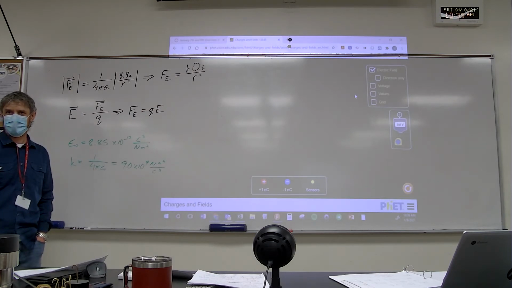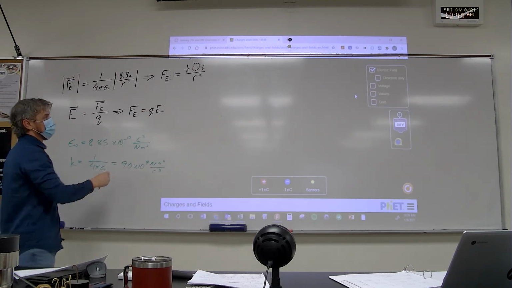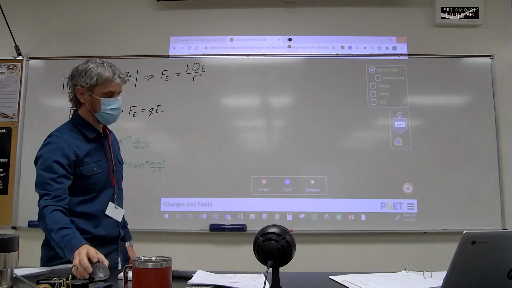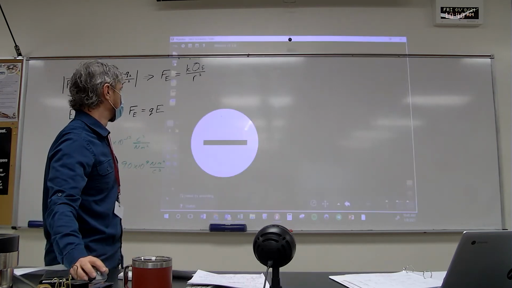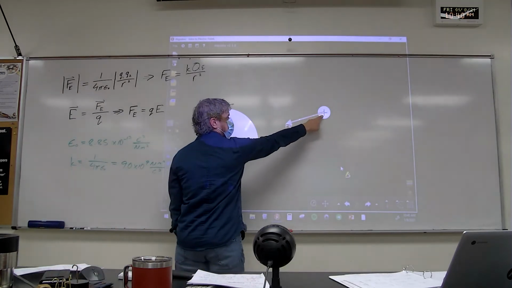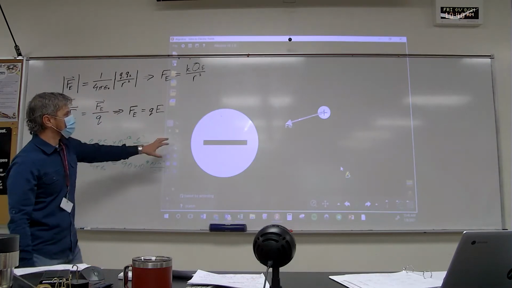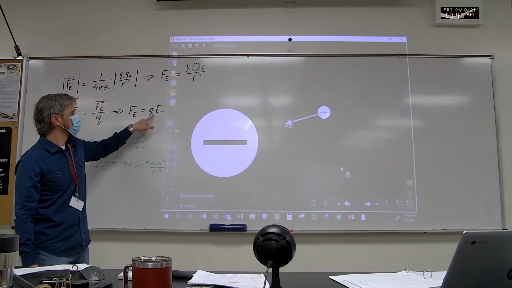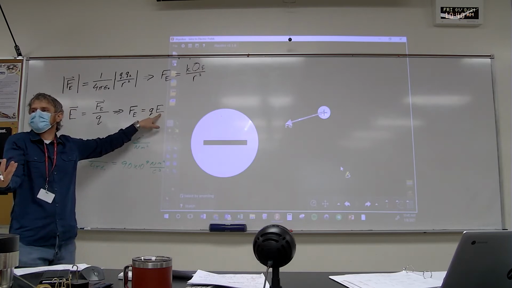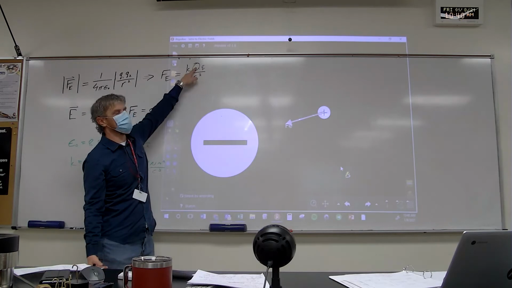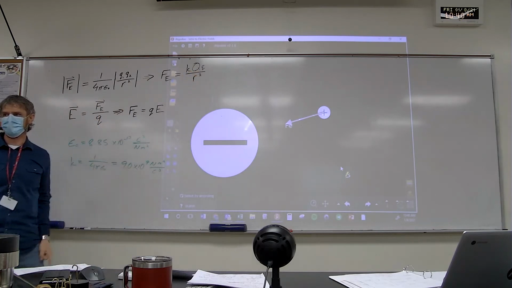You with me on that? You got to be with me on that. Okay. If we're talking about the electric force on the small charge, we want to know the electric force on this small charge. Well, we got to relate the force on that charge to the electric field in which it is residing. And that electric field is due to this larger charge, which is big Q in Coulomb's law.